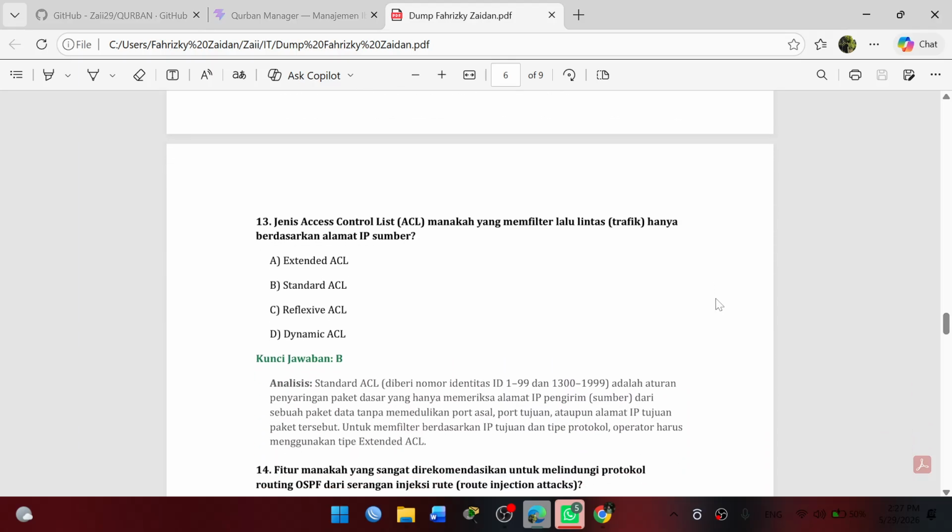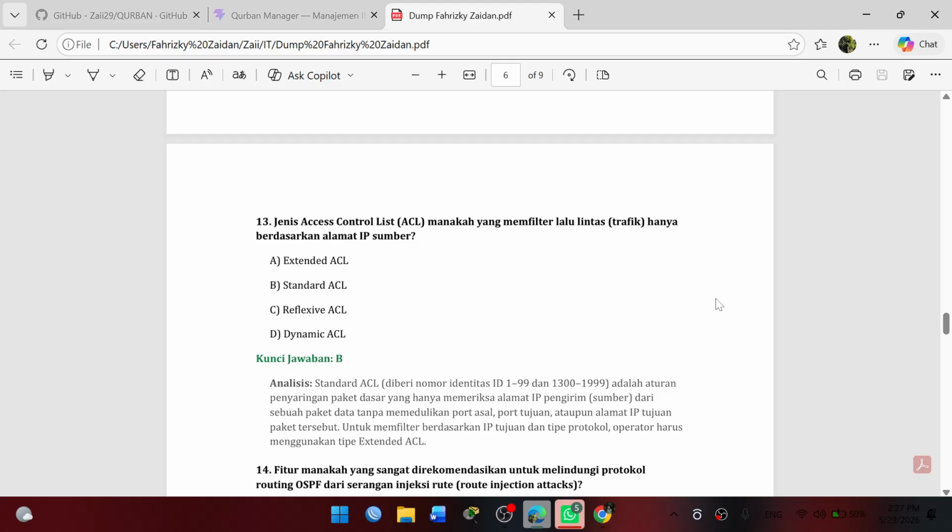Next, 13. Which type of access control list, or ACL, filters traffic based only on the source IP address? For question 13, the answer is B, standard ACLs, which use numbers 1 to 99 and 1300 to 1999.